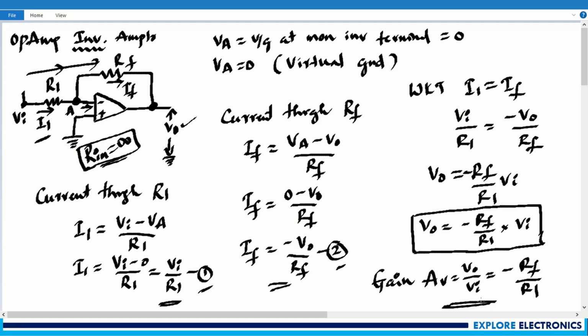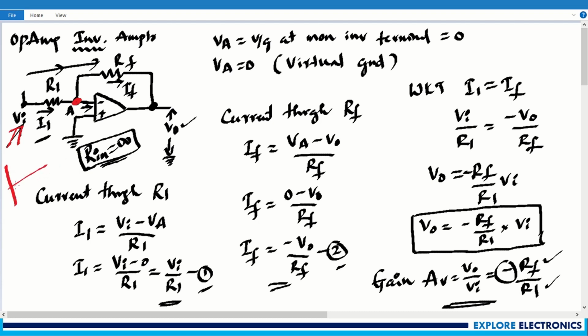You can see over here, gain of this inverting amplifier will be dependent on Rf and R1, and it will be negative. Why it is negative? Let us see. Since we have given the input to the inverting terminal of the op-amp, this inverting terminal is going to invert the input what we are going to give at the output.